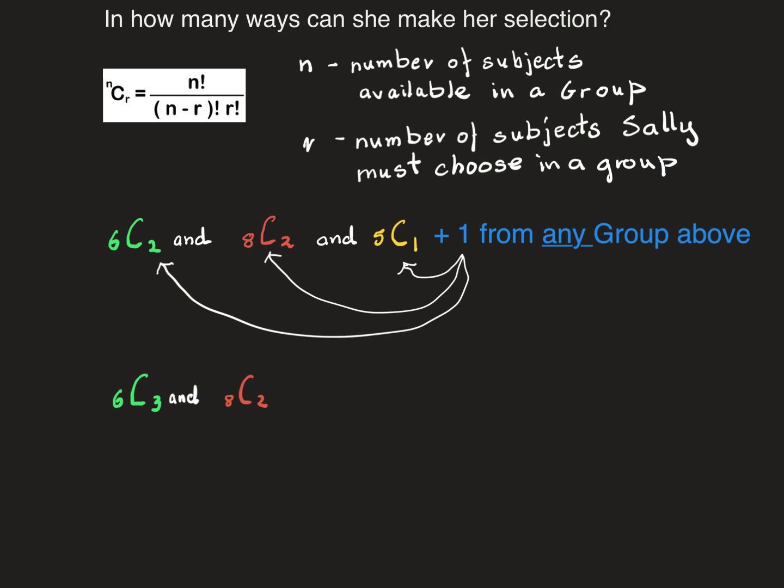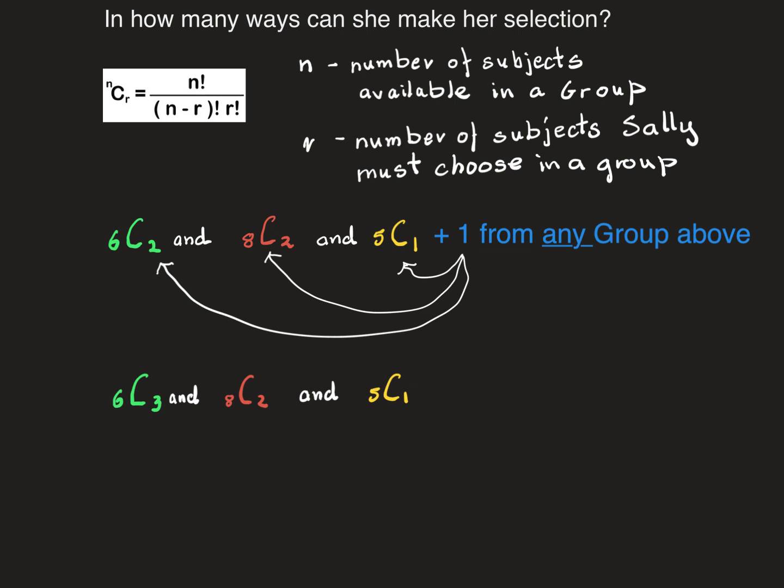And she will also choose 1 subject from group C. And you can see that this time 3 subjects plus 2 subjects plus 1 subject add to 6 subjects. So she has chosen 6 subjects.